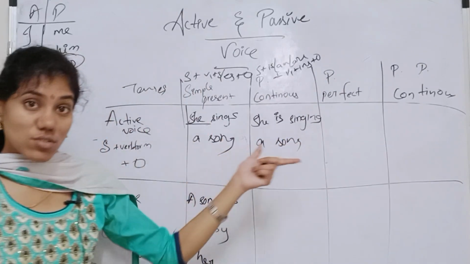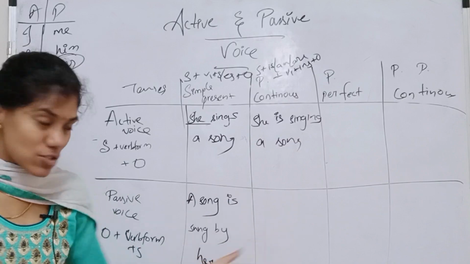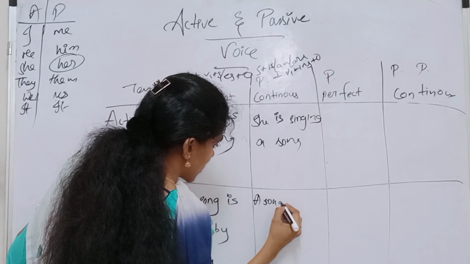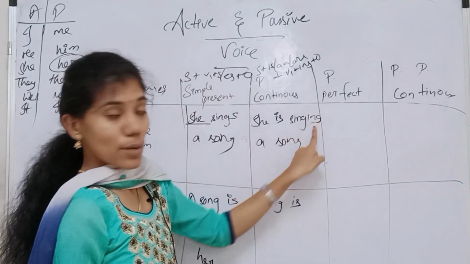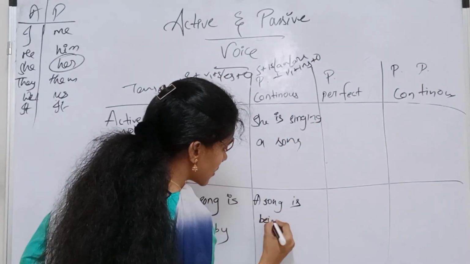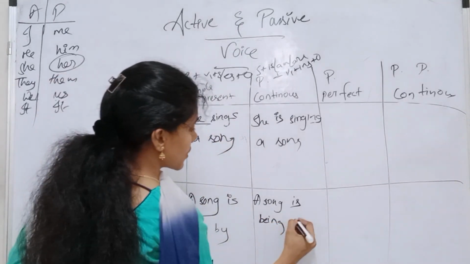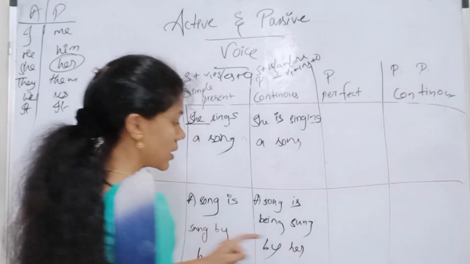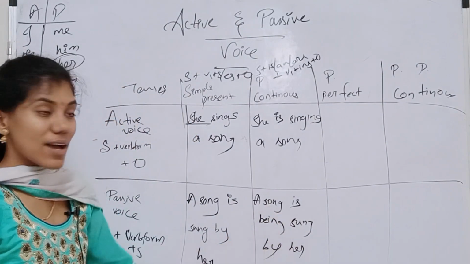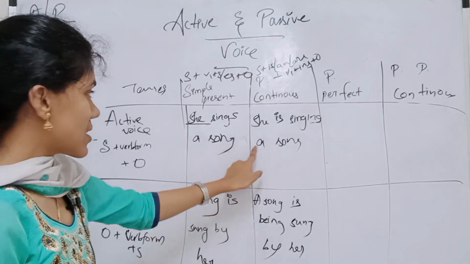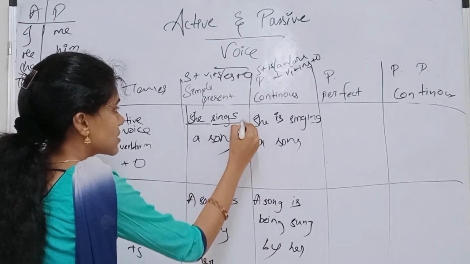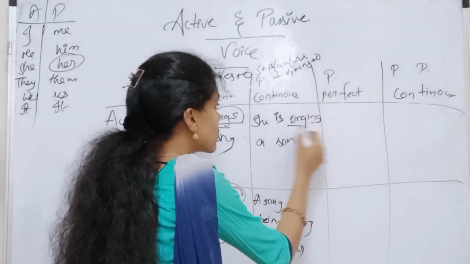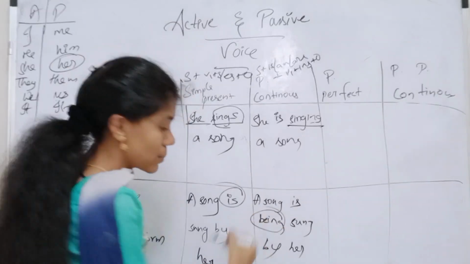This is my active voice. Now I'll convert this into passive voice. A song is, and since the ing form came, we write "being", then the V3 form, sung by her. A song is being sung by her. So whenever in simple present we include "is", and whenever the ing form came, along with "is" we get "being".